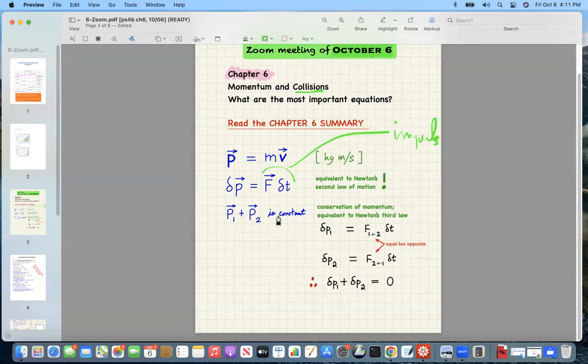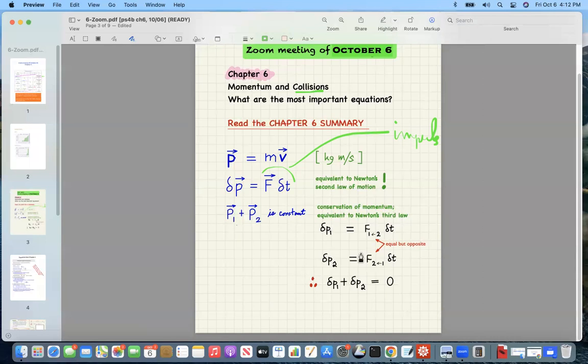Now, we saw Newton's third law back in chapter 5: for every action, there's an equal but opposite reaction. Well, that means if the change of momentum of one object is delta P1 and the change of momentum of another object is delta P2, the combined change is zero. So delta P1 is the force acting on object 1 exerted by object 2 times the time.